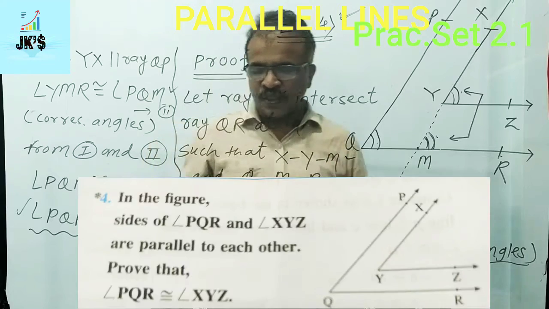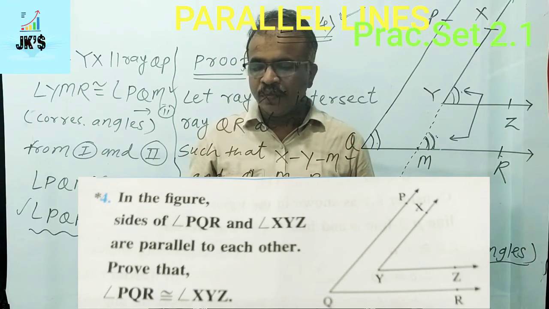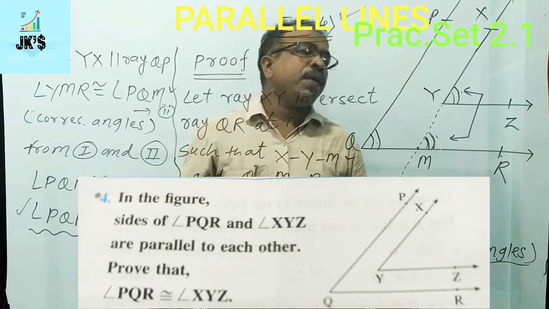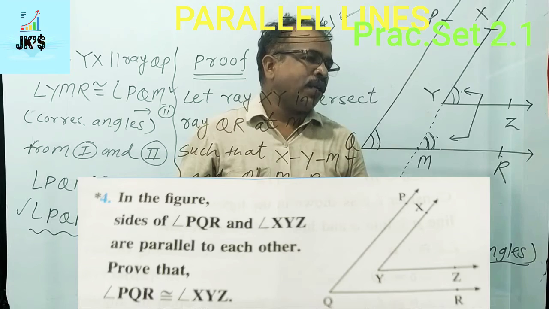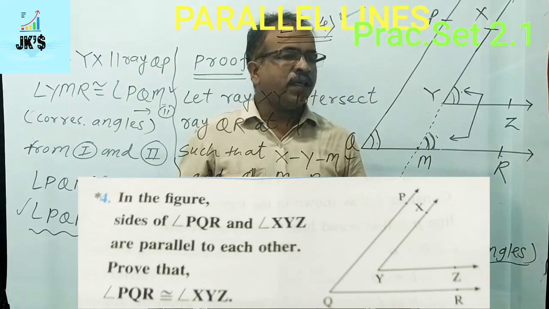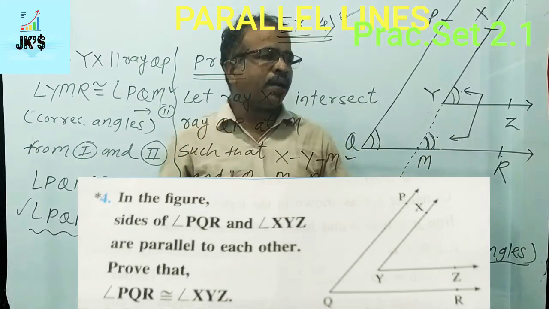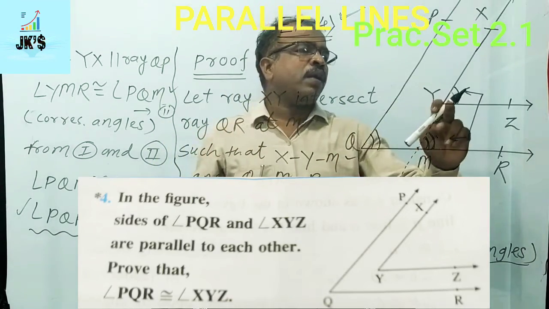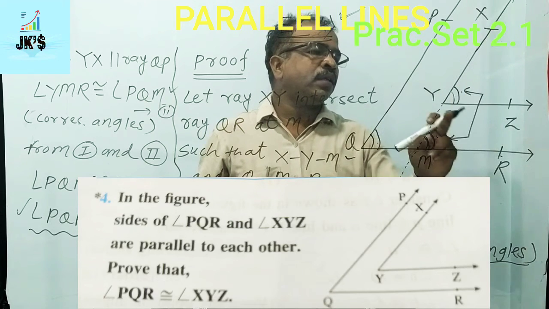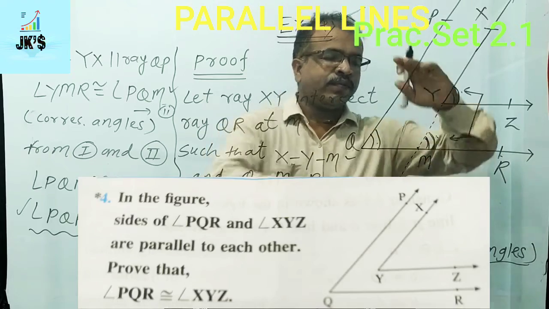The example fourth is, in the given figure, angle PQR and XYZ. The sides of angle PQR and XYZ are parallel. Means ray QP is parallel to ray YX, ray QR is parallel to YZ.